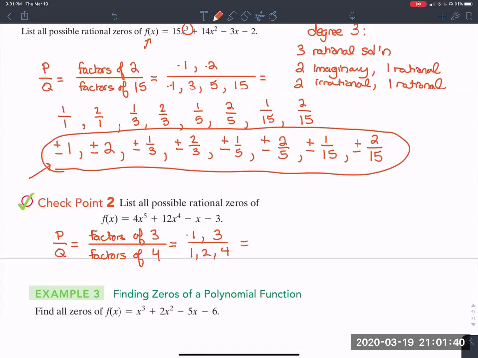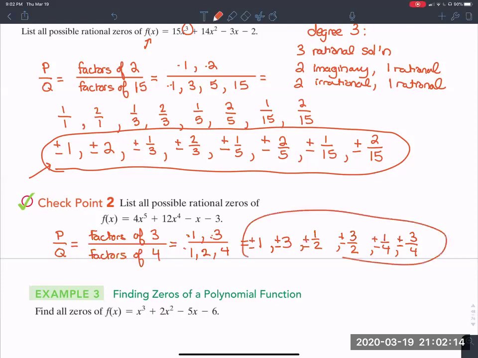Now, 1 over 1 is 1, 3 over 1 is 3, 1 over 2 is 1/2, 3 over 2 is 3/2, 1 over 4 is 1/4, 3 over 4 is 3/4. Remember, you have to do the positive and negative. So these are all the possible rational solutions of this polynomial.